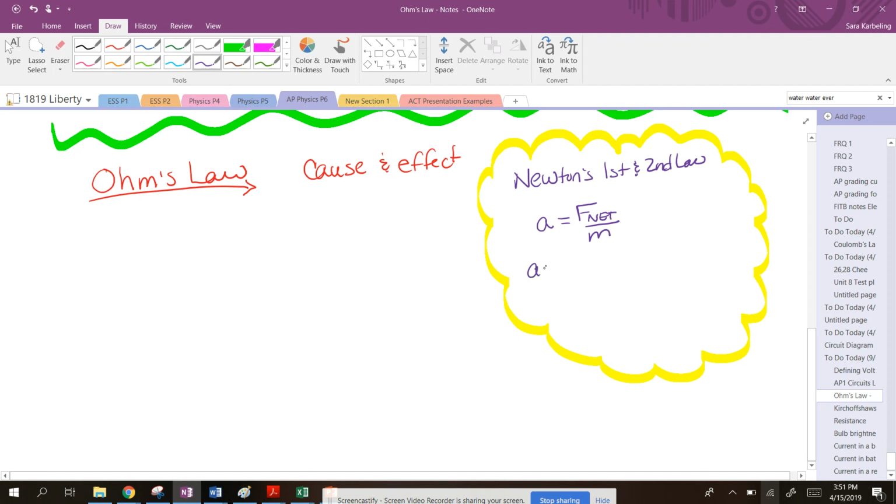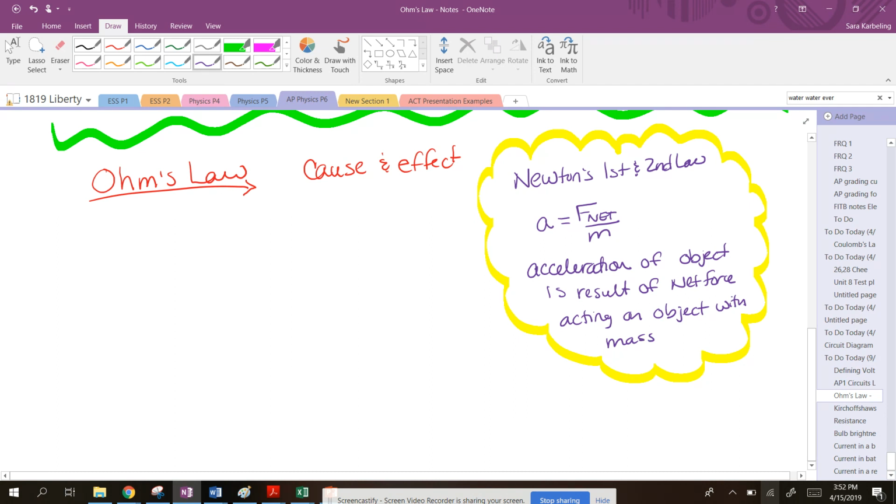Okay, so the acceleration of an object is dependent or is a result of a net force acting on an object with mass.